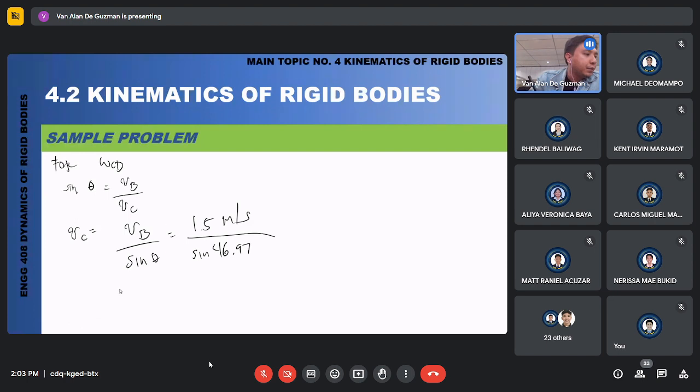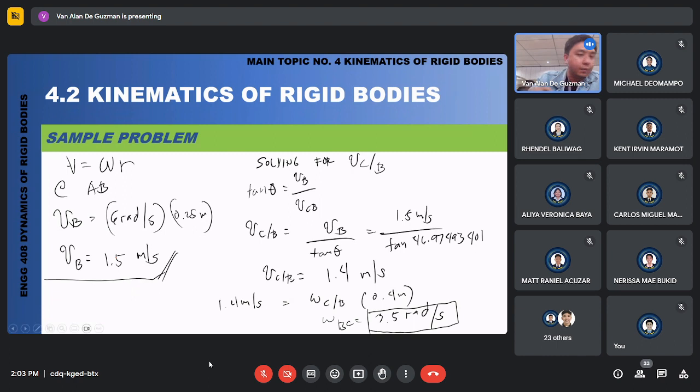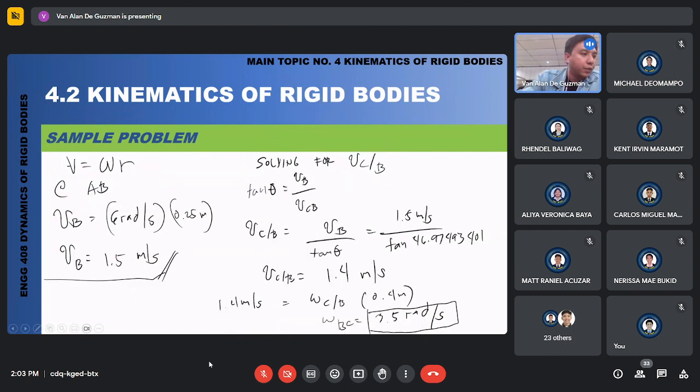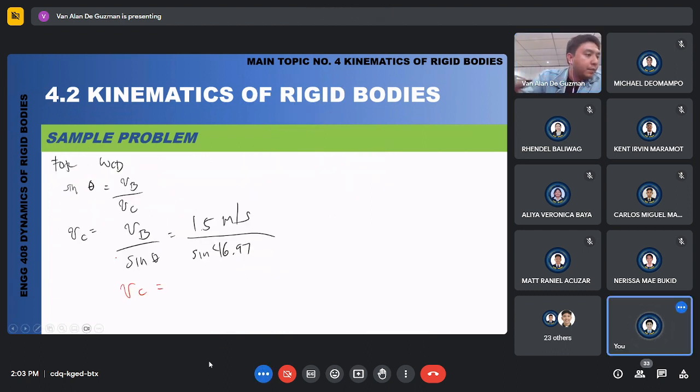So we have right here V sub C naman is equal to 1.5 all over sine 46.97, ano yung full value natin? 2.0518. This is in meters per second. So nakuha na natin yung ating VC.